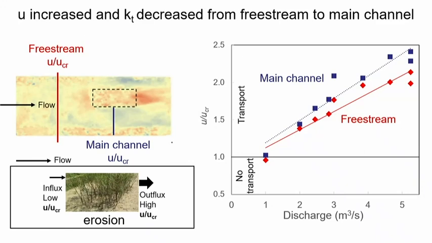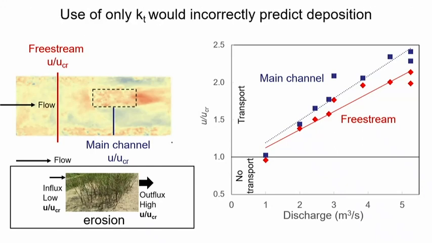So they're not doing the same thing, as we said before. If we had only used turbulence to estimate deposition and erosion, because turbulence is decreasing, we would have incorrectly said there would be deposition. So the point here is that you need to use both mean velocity and turbulence in order to calculate if there's deposition and erosion. You can't just use one or the other.